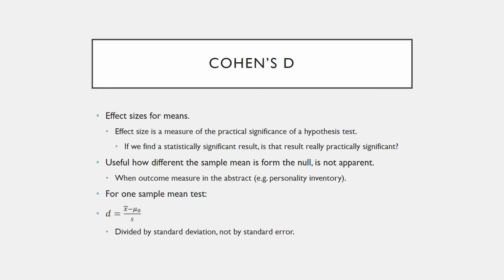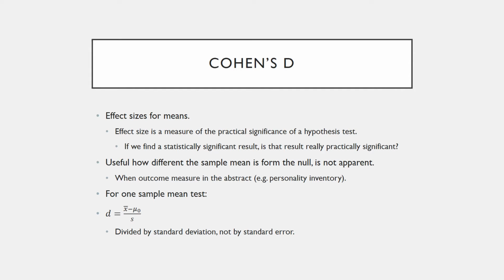So calculating Cohen's D for something like a personality inventory is pretty important. If the outcome measure is more concrete, like minutes, then it's not as important, but you can still do it.